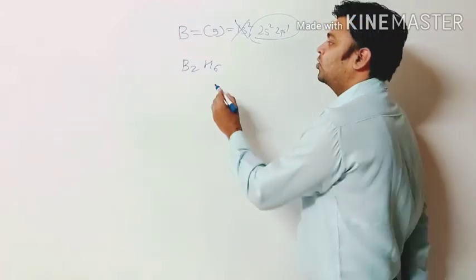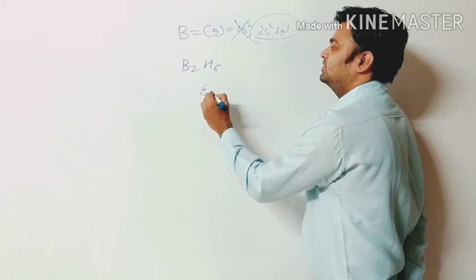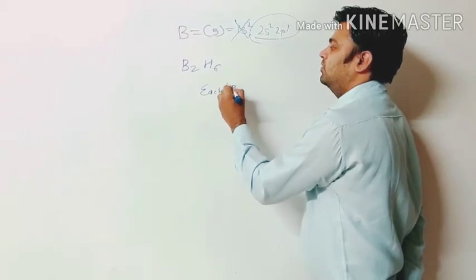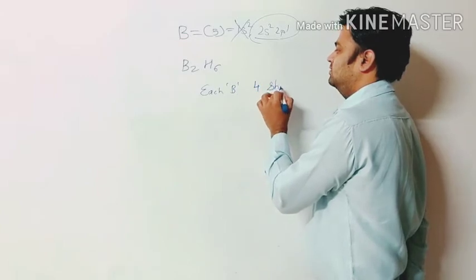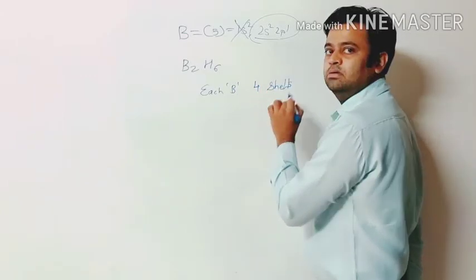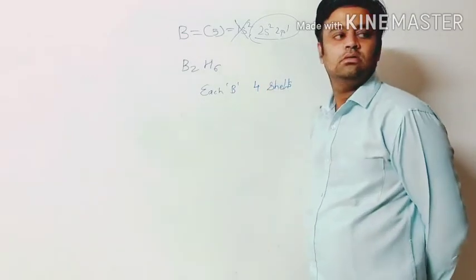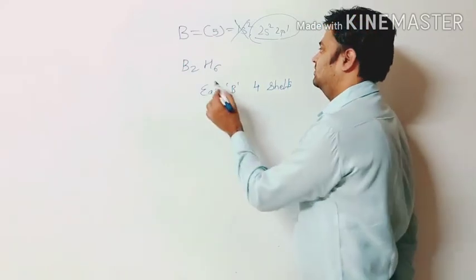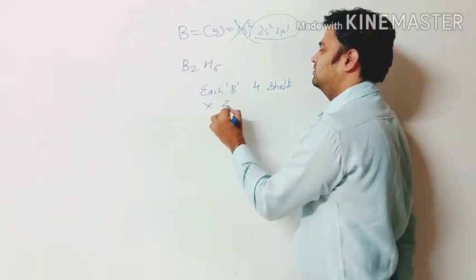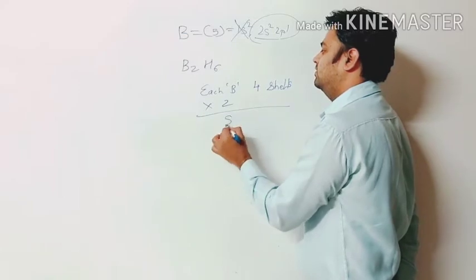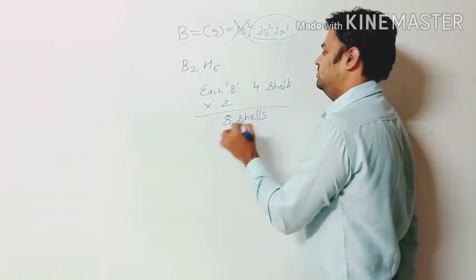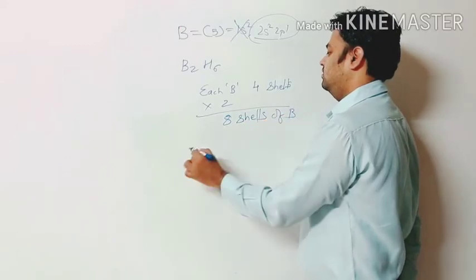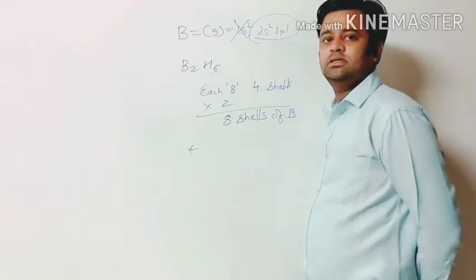That means each boron has 4 valence shell orbitals. Whereas there are 2 boron atoms, therefore 8 valence shell orbitals of boron, plus there are 6 hydrogens.